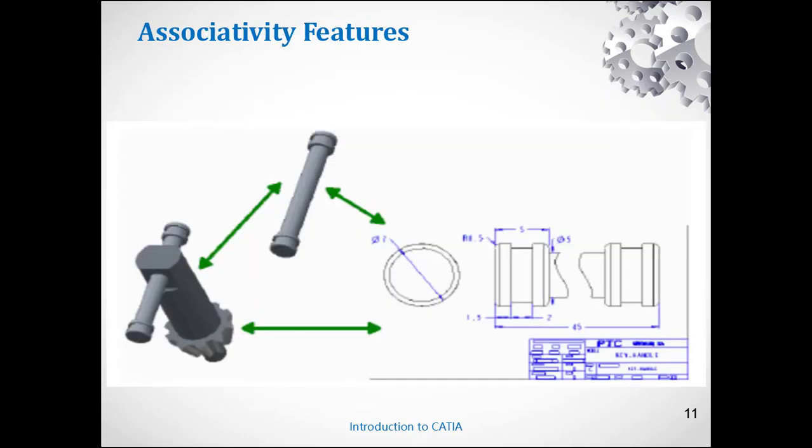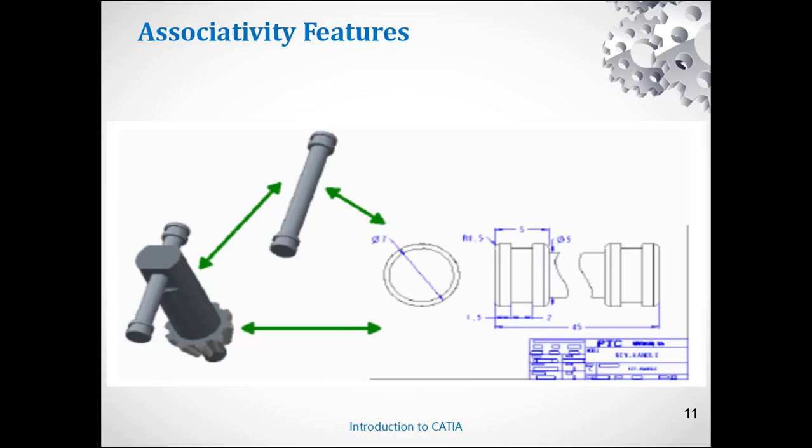Next is your associativity feature. We had discussed that whenever we create any CAD model, we use that CAD model for generating the manufacturing drawing as well, which we call drafting. We can even use the same CAD model for the assembly as well.